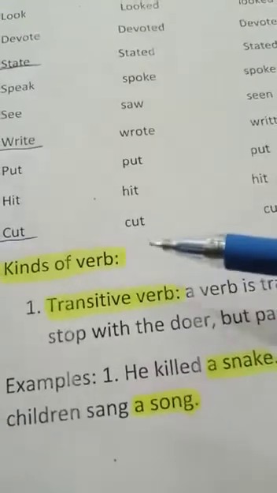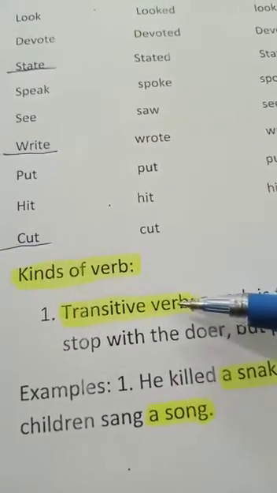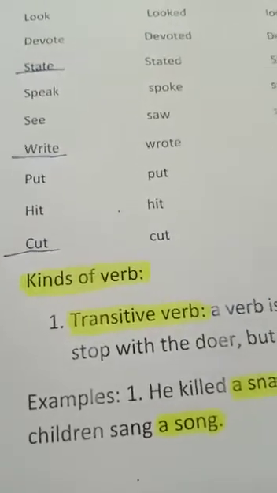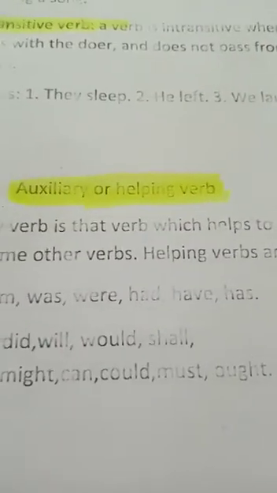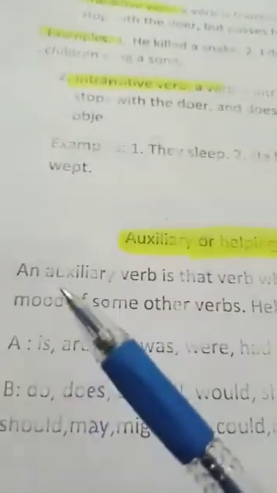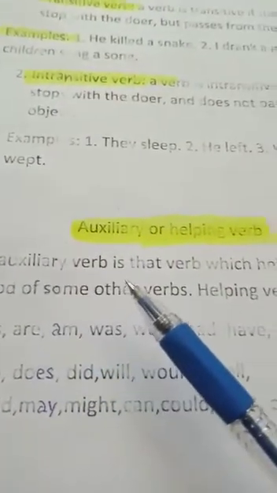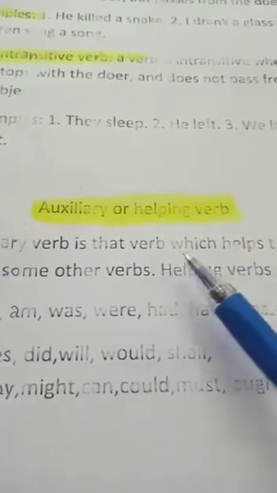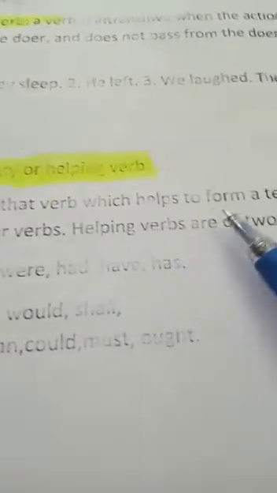There are two kinds of verb: transitive verbs and intransitive verbs. Afterwards, there are auxiliary or helping verbs. An auxiliary verb is that verb which helps to form a tense or mood of some other verbs.